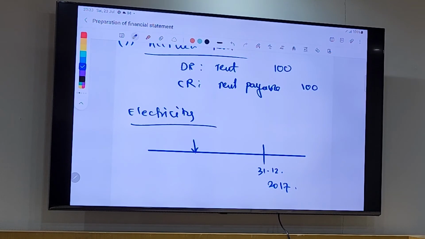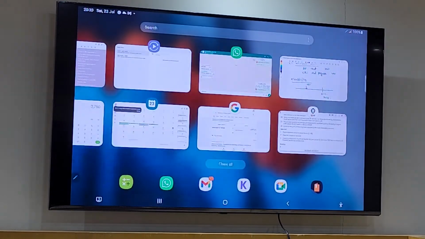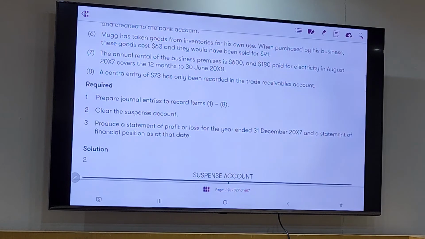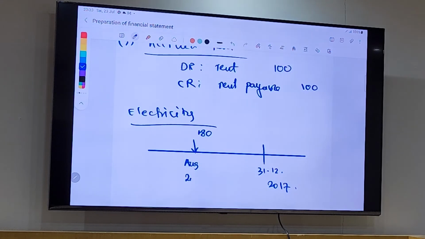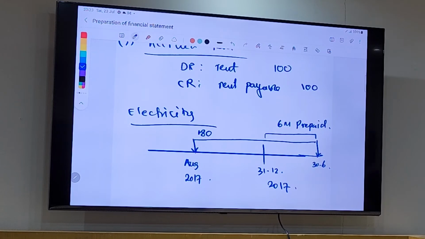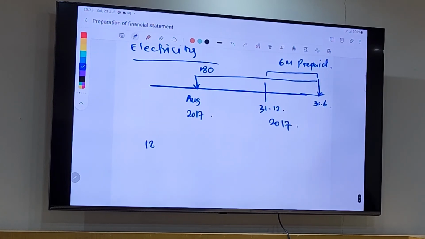And I paid 180 in August 2017, and I am paying up to 30 June. So this 6 months is prepaid. Correct? So, how to calculate? 180 divided by 12 times 6, so this is 90. This 90 is prepaid.